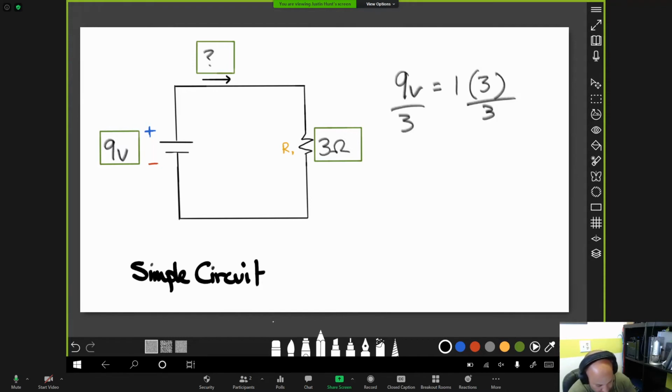So let's do that. Divide by 3 on both sides. That means we have 3 is equal to I, and let's honor that symbol there. Our current is equal to 3 amps. We can get rid of that question mark because we're too good. And that's pretty much it.